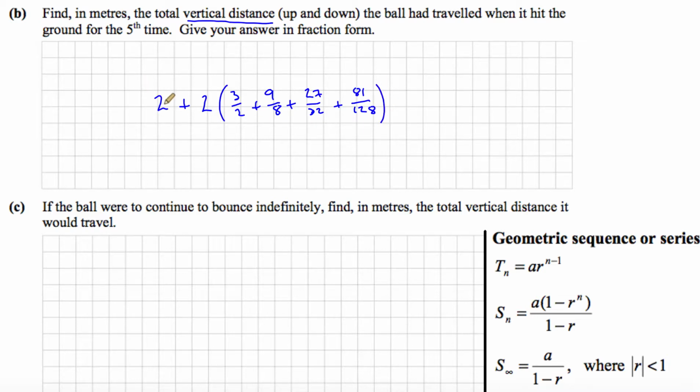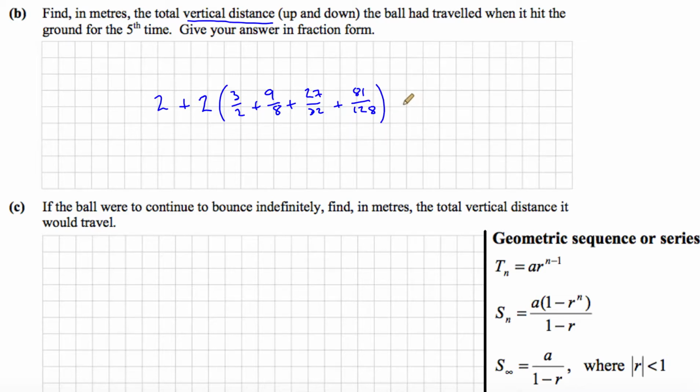So remember, this first 2 is for the first vertical distance from the throw down to the ground, and then this 2 here is the doubling of each vertical height for the bounce to account for the up and down vertical distance.